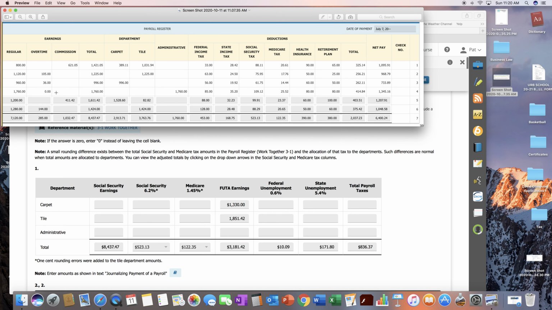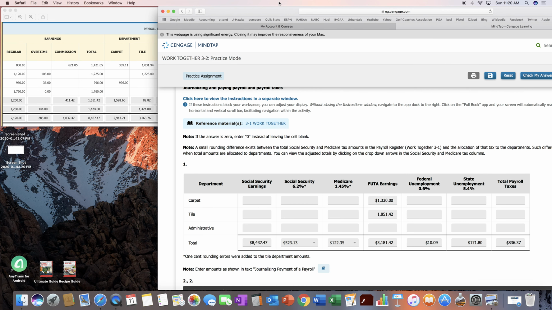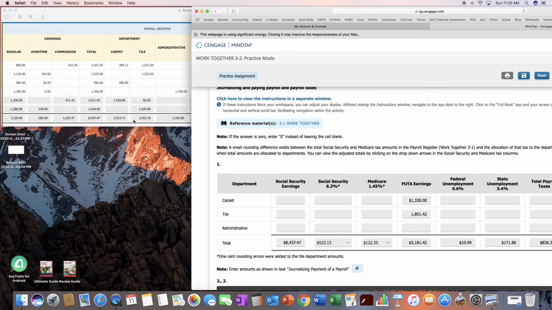If we go and look at a few things, Social Security earnings is basically just total earnings. So up here on the payroll register, Carpet's total earnings is 2,913.71. So we would put that there.